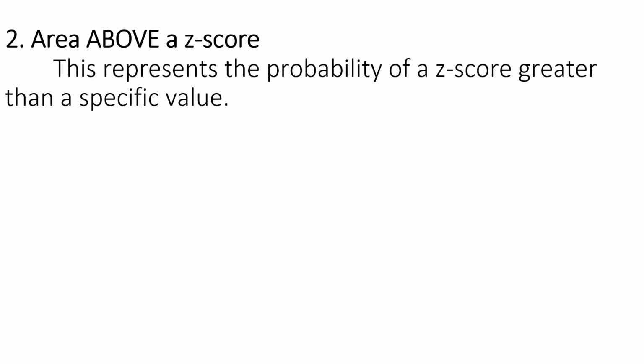So let's have our first example. What if it is above z equals 1? So of course, the first thing you need to do is to illustrate the normal curve. Illustrating the normal curve is a big help in identifying whether you add or subtract 0.5 from a certain z-score.